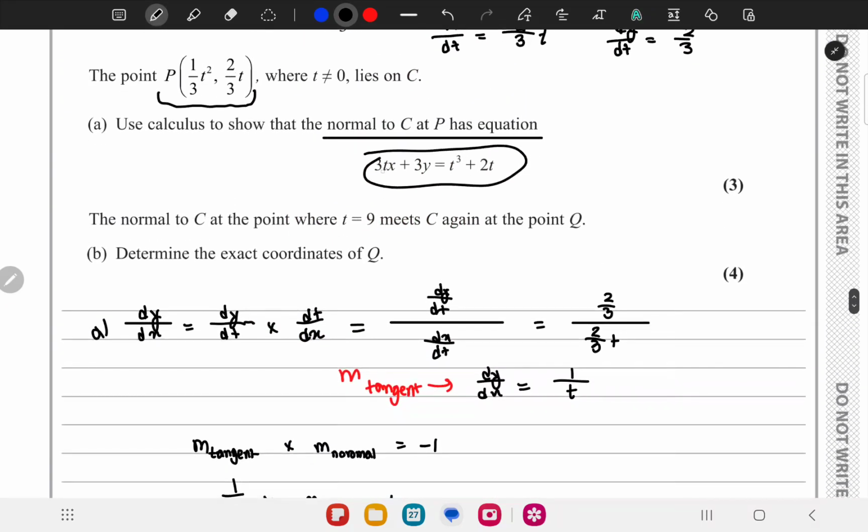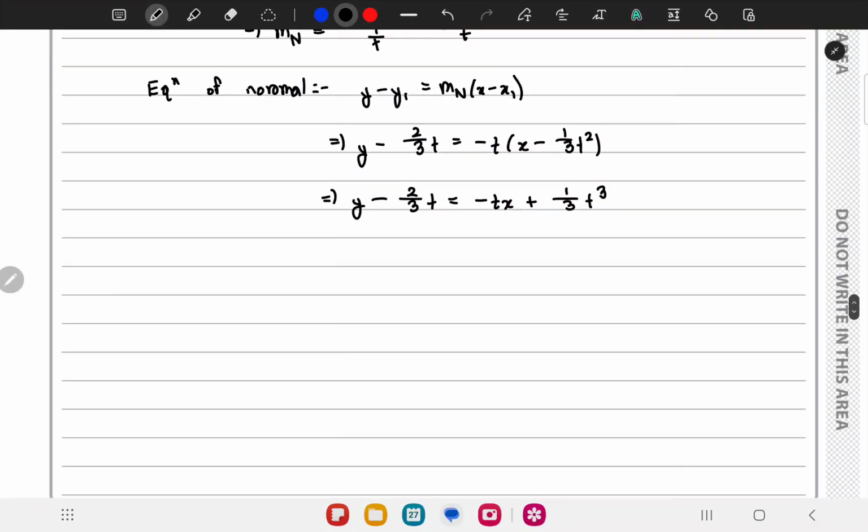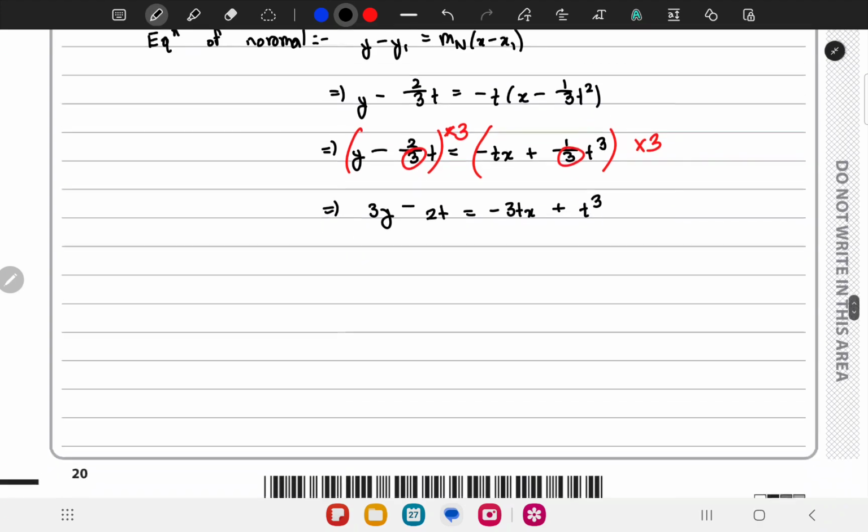Now we have to show that 3tx plus 3y equals t cube plus 2t. There are no fractions over here, so we can multiply both sides by 3 to get rid of the 3's at the bottom. We'll have 3y minus 2t equals minus 3tx plus t cube.